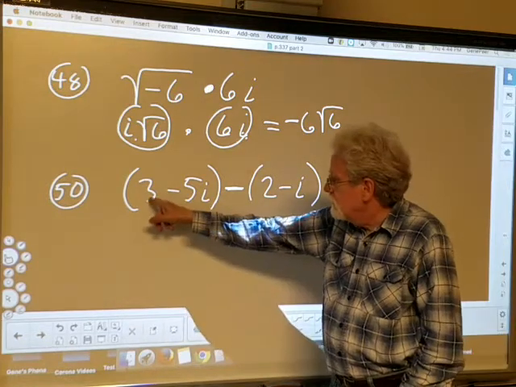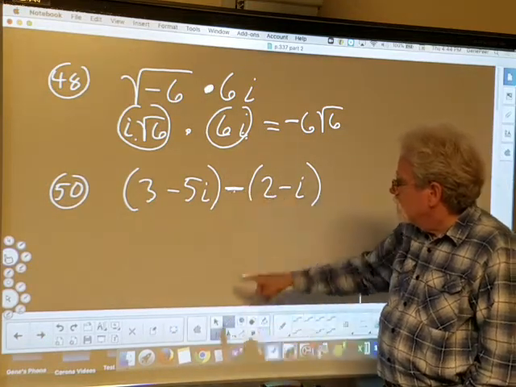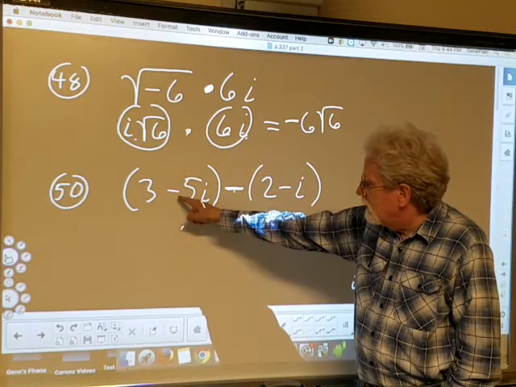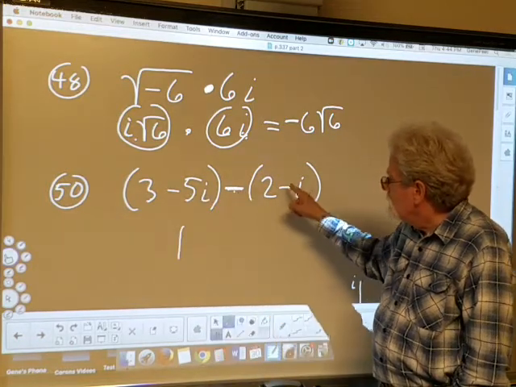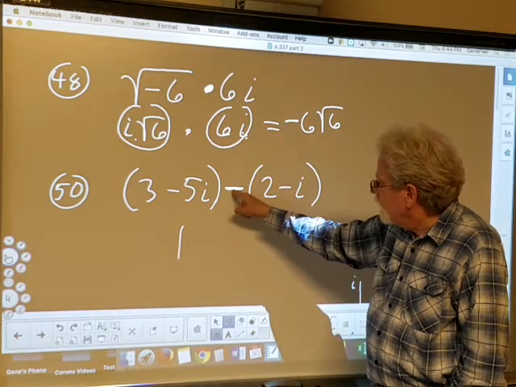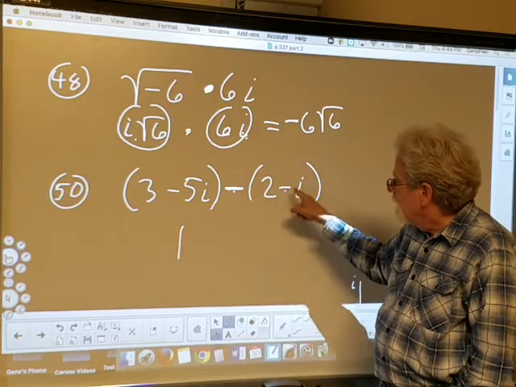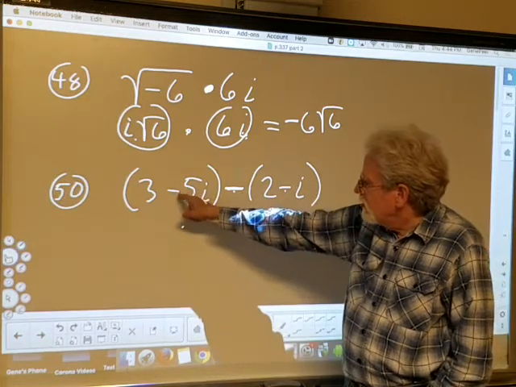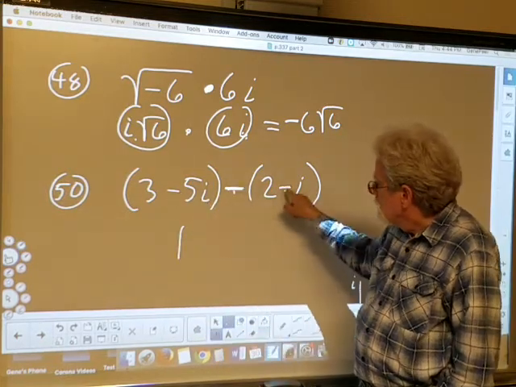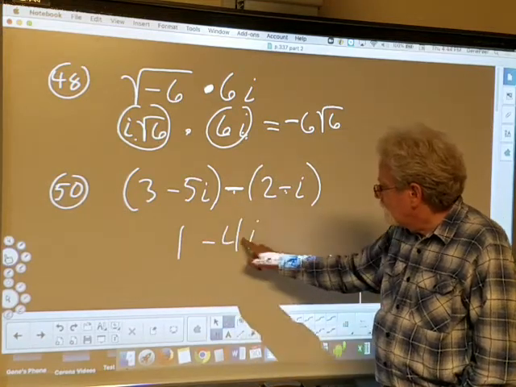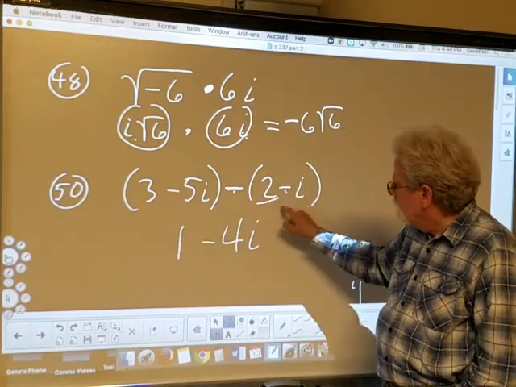So we do 3 minus 2. And we do negative 5i minus a minus i. How do you subtract a minus i? You do the opposite. You add i. So I've got negative 5i plus i is minus 4i. I just subtracted both of these terms.